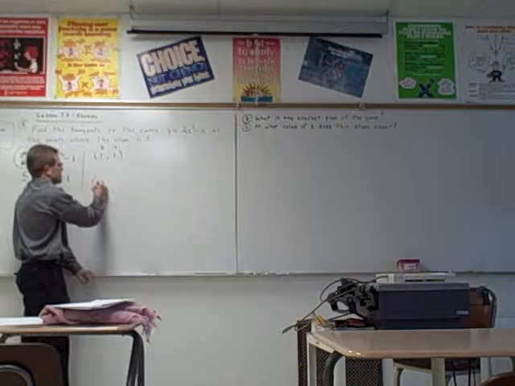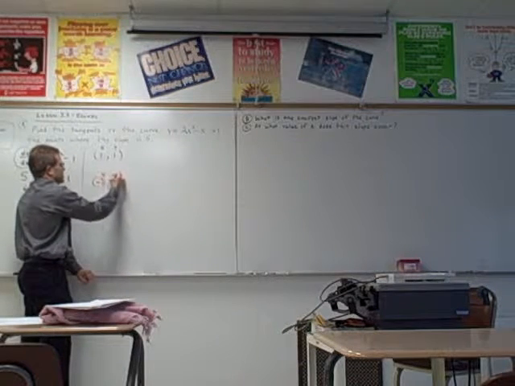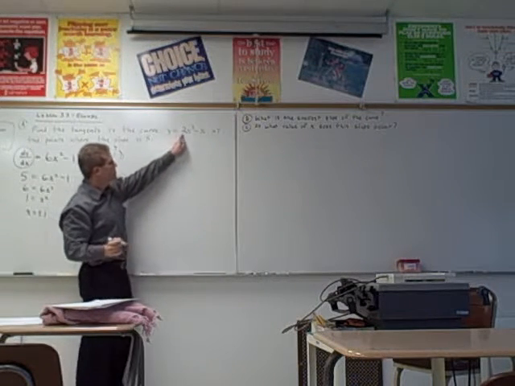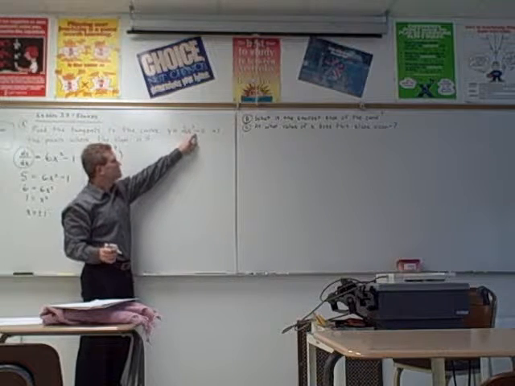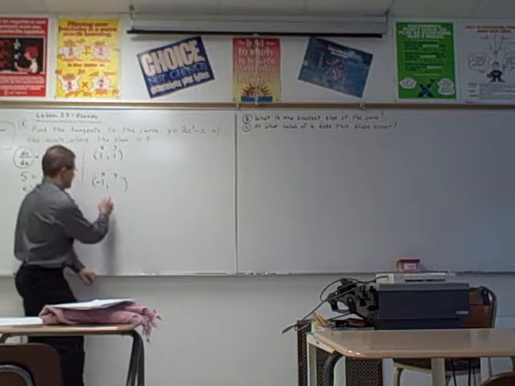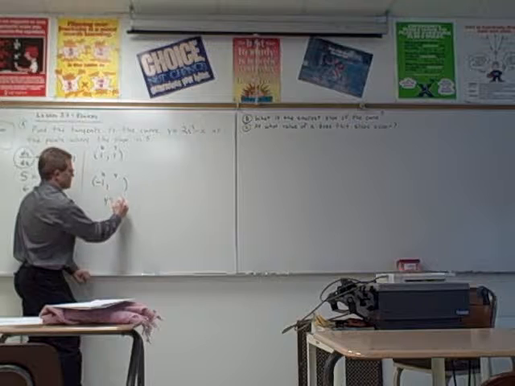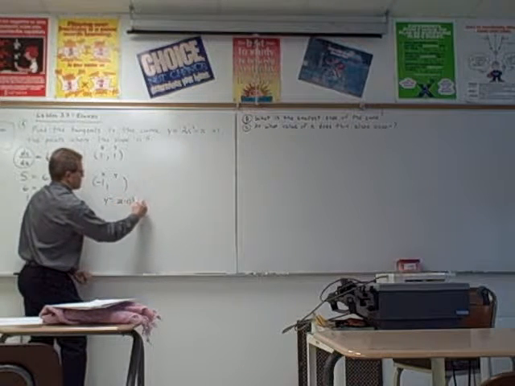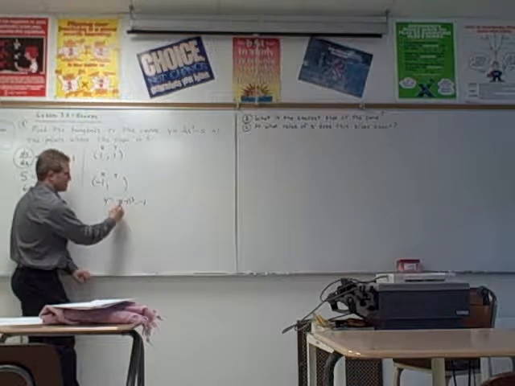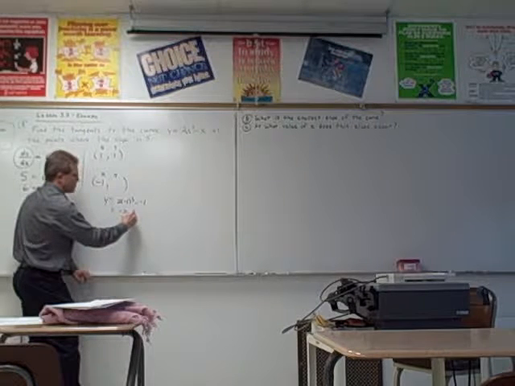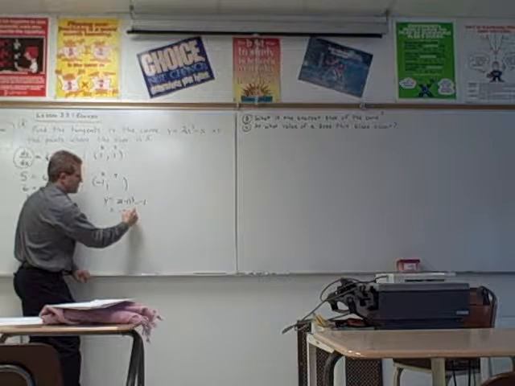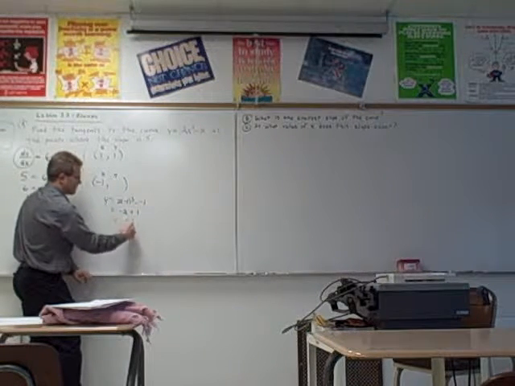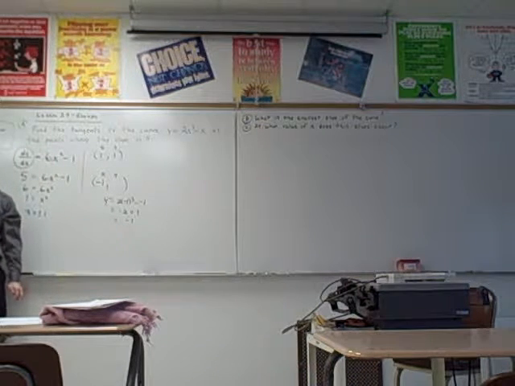When x is negative 1, you take 2 times negative 1 cubed minus negative 1. So that's going to give you negative 2 minus negative 1, which would be plus 1. So that comes out to negative 1.